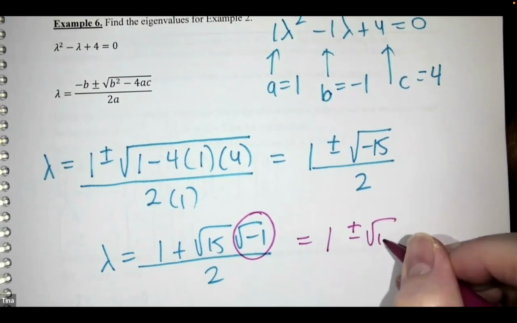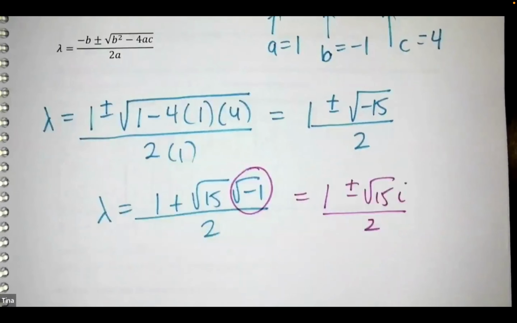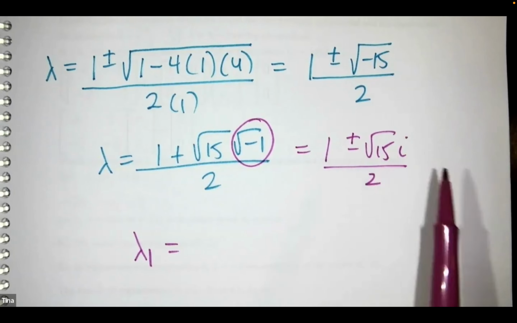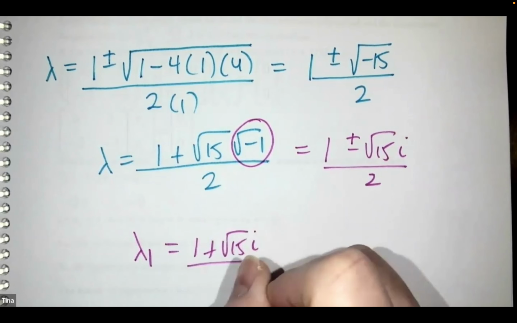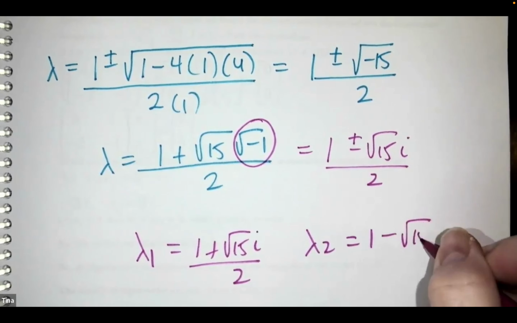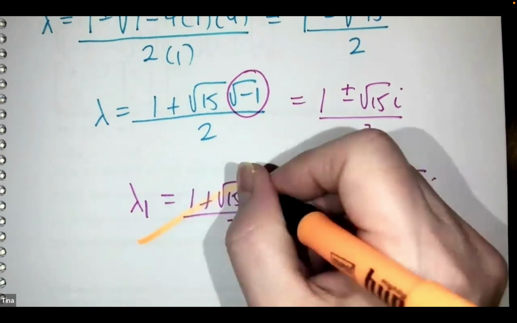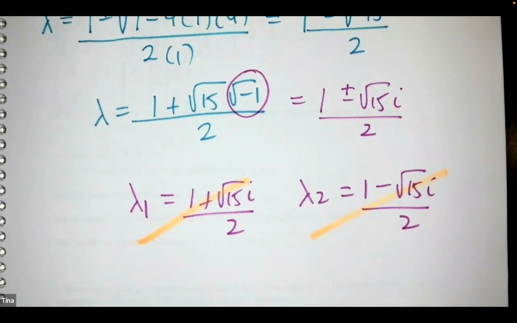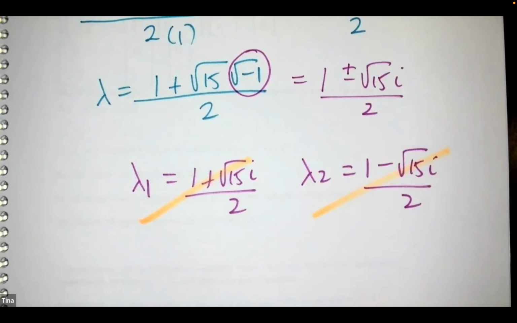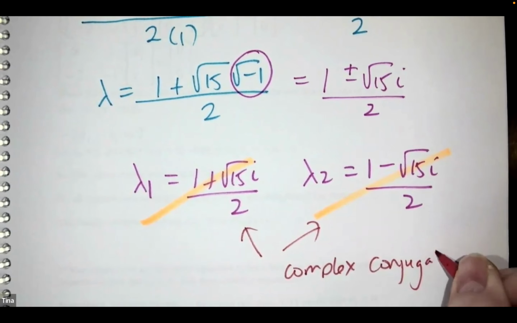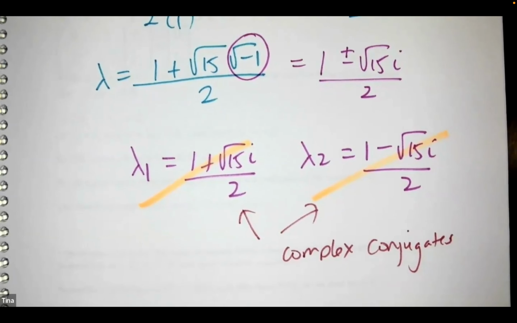So it'd be 1 plus or minus root 15i. So one of the lambdas is 1 plus root 15i over 2, and the other lambda is 1 minus root 15i over 2. When you have complex eigenvalues and not real, these two numbers will always be conjugates of each other, with the plus and then the minus in between them. So these are what we call complex conjugates. If they ever give you one root of a complex, a plus bi, the other one's just a minus bi.